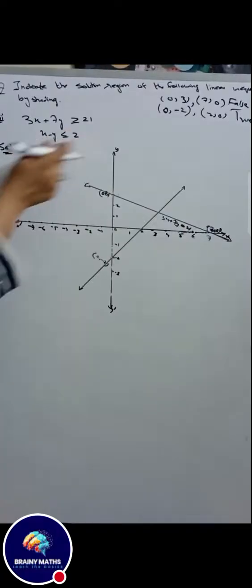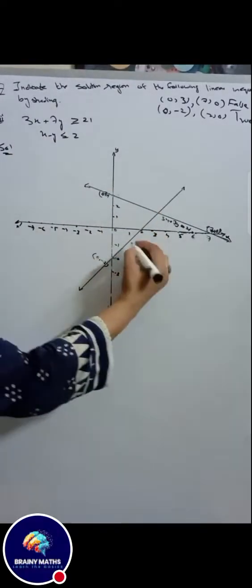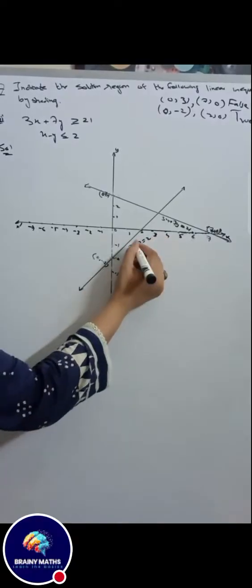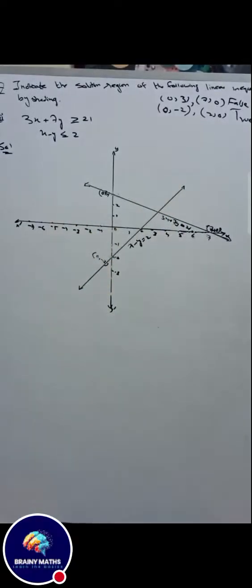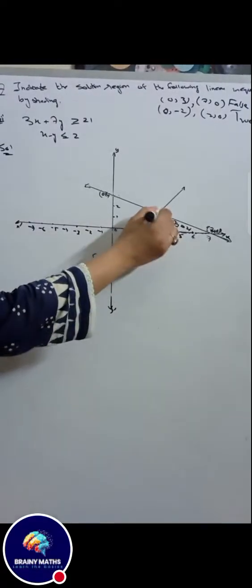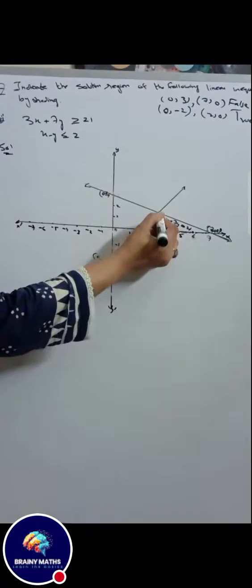Next is x minus y less than or equal to 2, this line. Clear? We need the area where the two lines intersect. This is the meeting point. So we take this area as the shaded area.